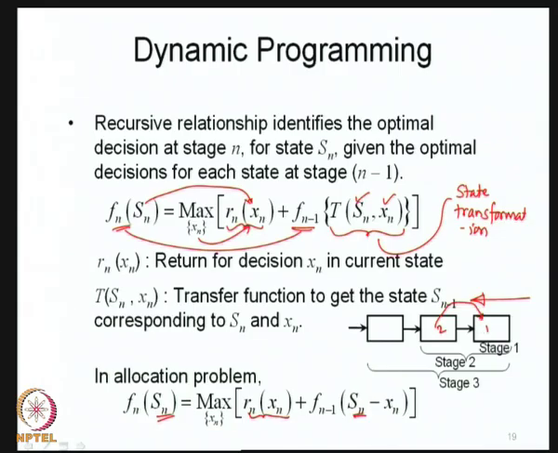Because you allocated x2 there, what is the amount that is left for user number 1, which is stage number 1? It will be S2 minus x2. So, that is the idea there, and therefore, the state transformation for the water allocation problem is simply Sn minus xn. So, this is how we define the state transformation for a given problem.